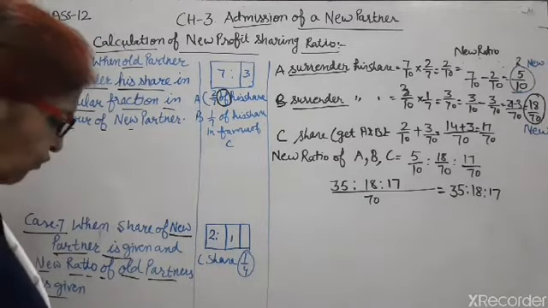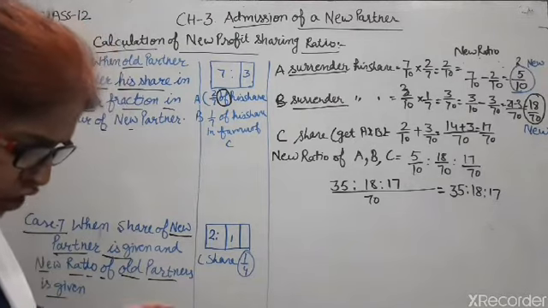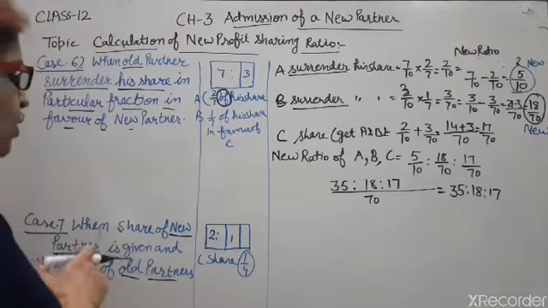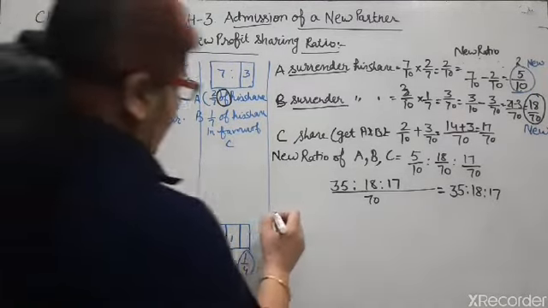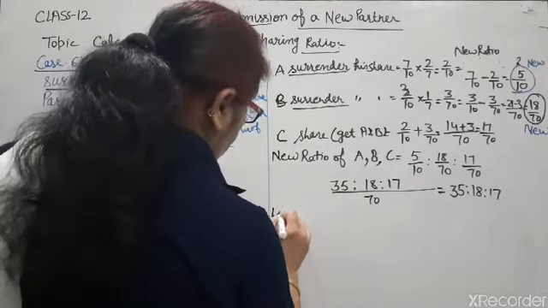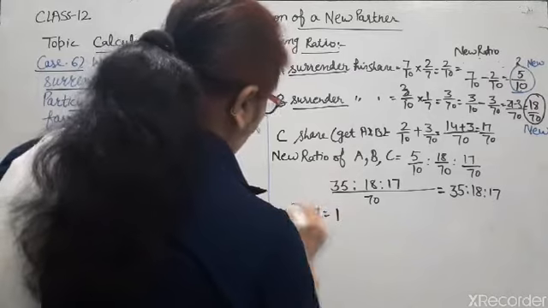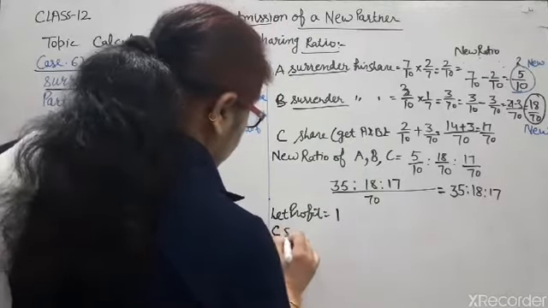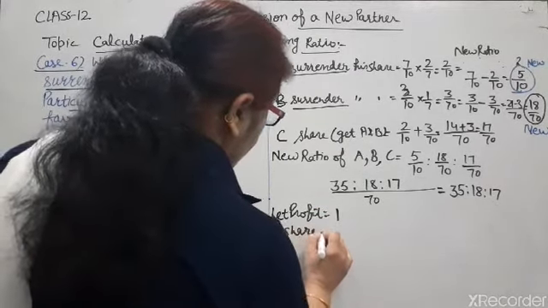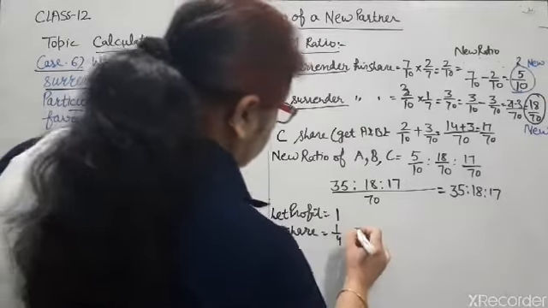So how can you find the new ratio in this method? In this case, we use the same rule as the first case. Let the total profit be 1, and C's share 1/4.